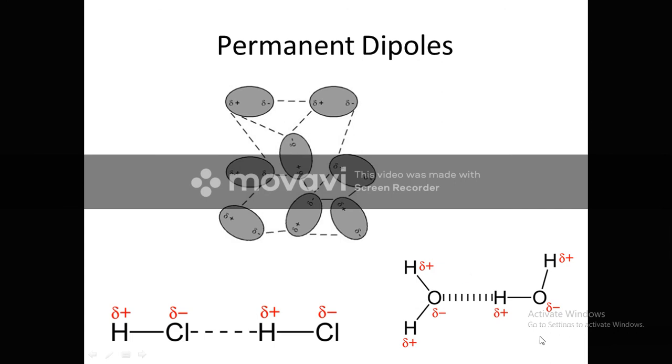So maybe these are just like that or that, but the angle will never change. On the application of the external electric field, they are not changing their angle, just rotating with the same angle. So these were the examples of permanent dipoles.